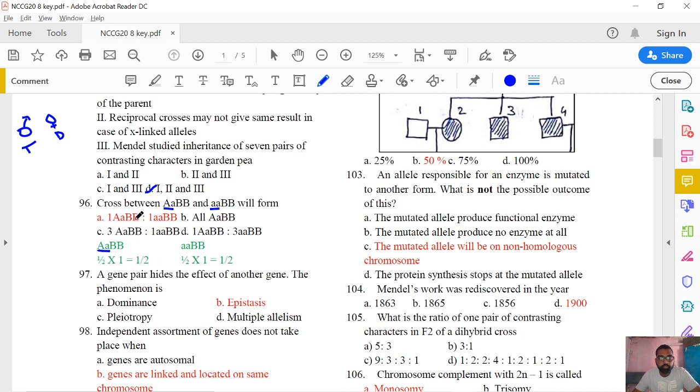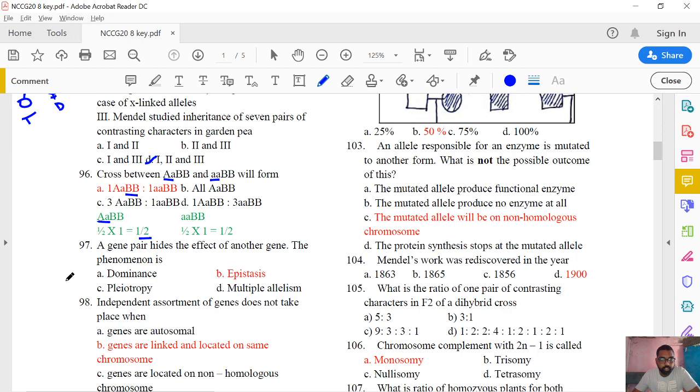Now for capital B, the possibility of capital B will be 1. Therefore half into 1, it is half. The same way in the second case also, half into 1, half. So it is half and half, which means 50-50, or this one is 1, this one is 1. So they will be produced in 1 is to 1 ratio.